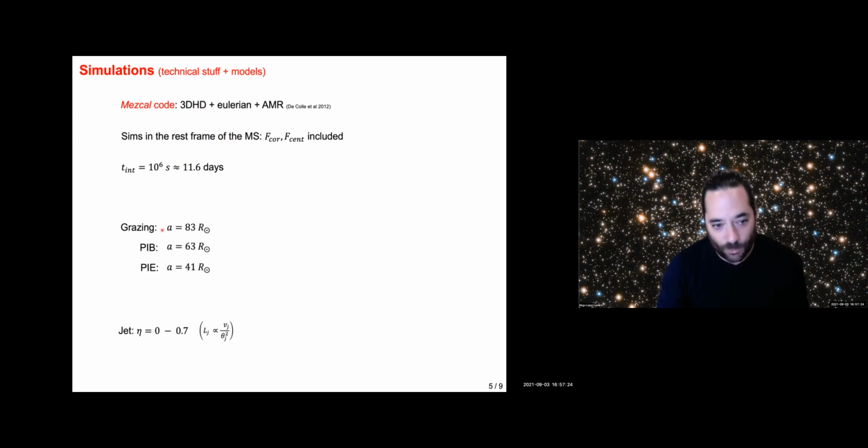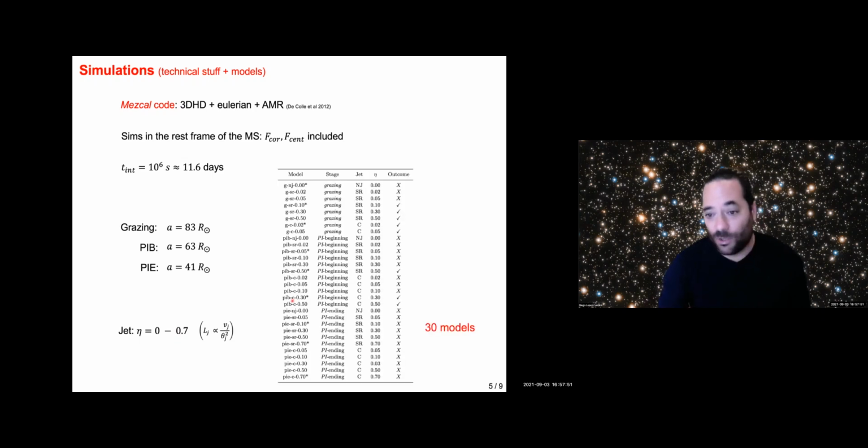As I said, we take when we are at the border of the envelope, when we have just crossed, and when we are much further within. The jets will have different efficiencies, from no jets up to really high efficiencies. Don't jump just yet, because we can justify this very large number in a while. So we run 30 models and we analyze what happens.